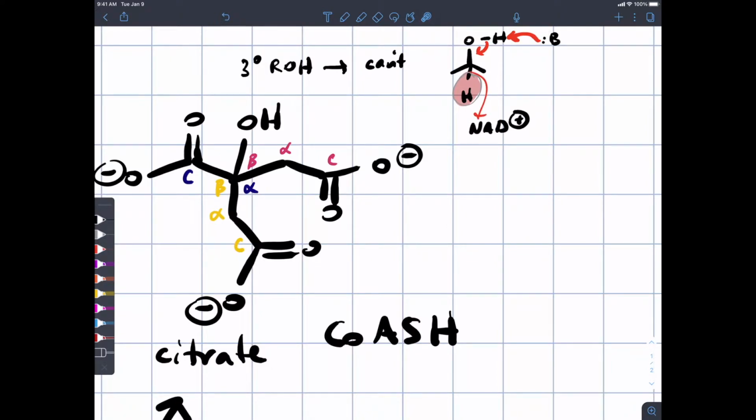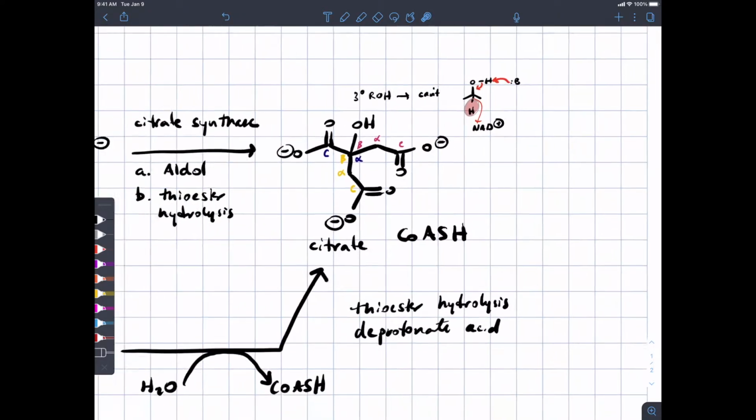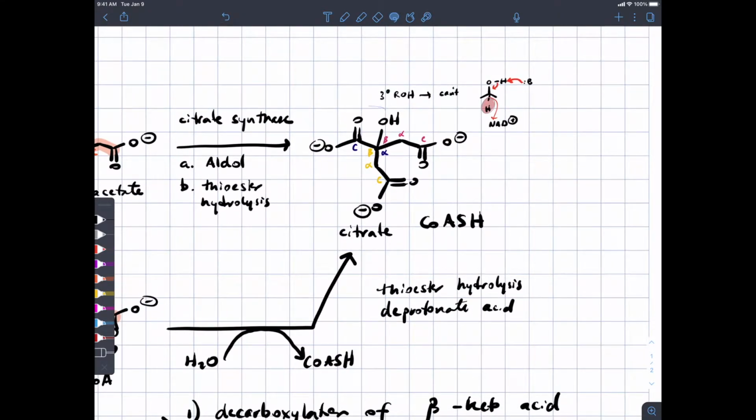So if you don't have a hydride, you can't oxidize. There's no hydride there, so we can't make this tertiary alcoholic ketone, therefore we can't get to an alpha keto acid or a beta keto acid. But not to worry, we've got a couple of simple steps that are going to get us there.